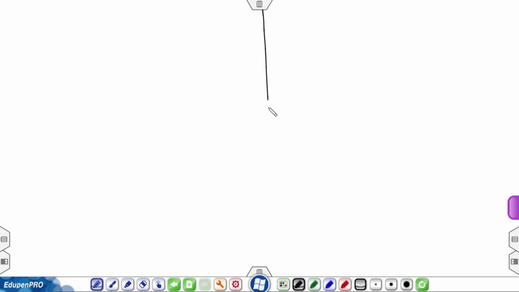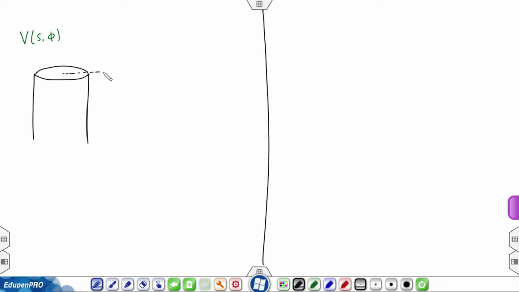and see what I am getting. I am getting V of s and phi. So, if I take the cylinder, this is the x axis, I am calculating potential at some point distance s, and this angle is phi.